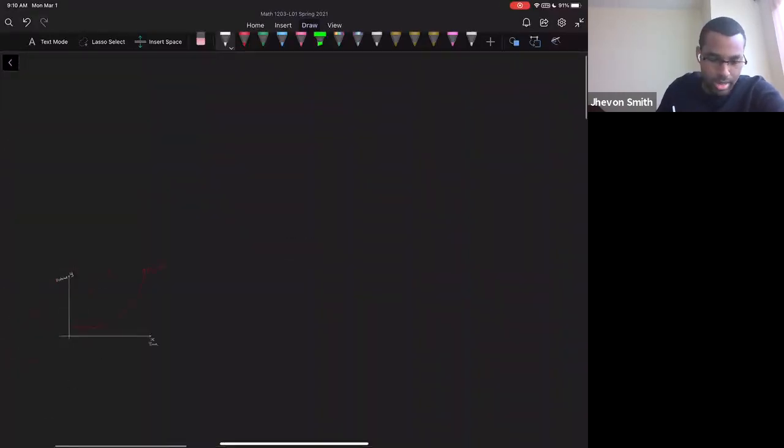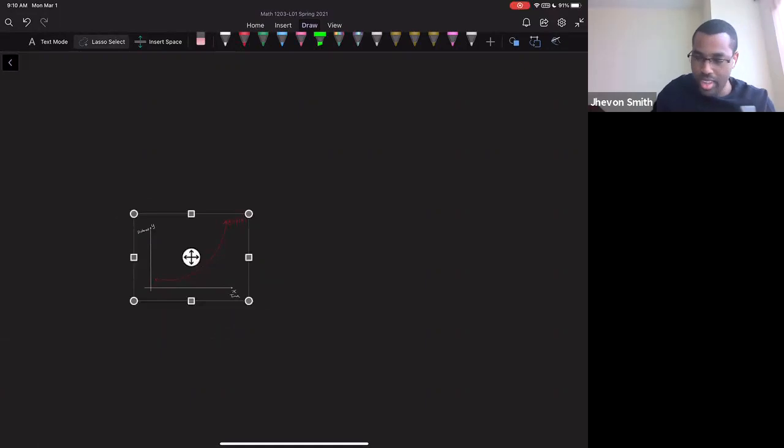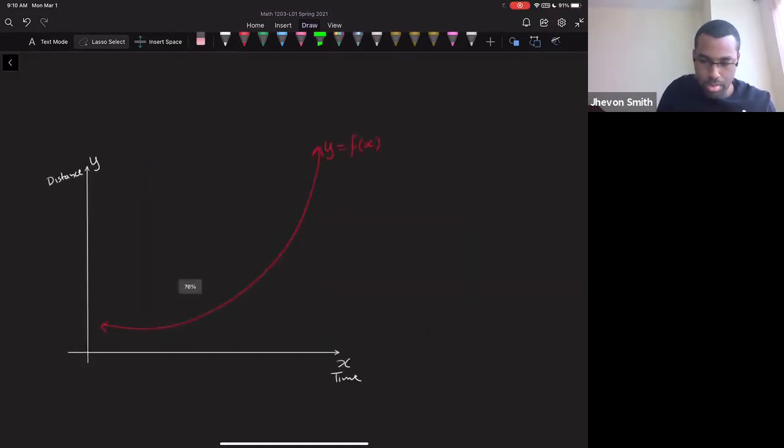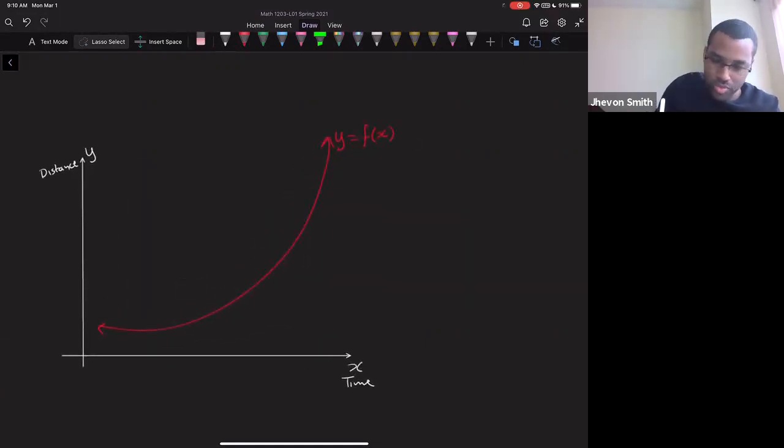Okay, here's the graph again. How do you actually, what's going on?